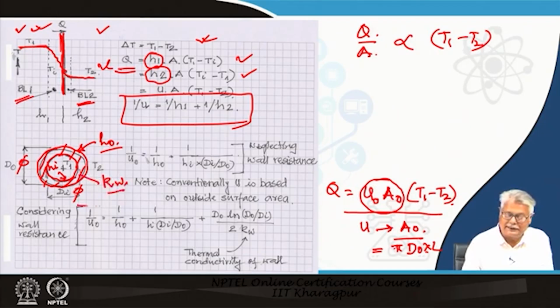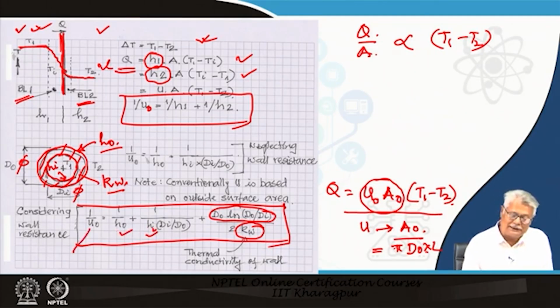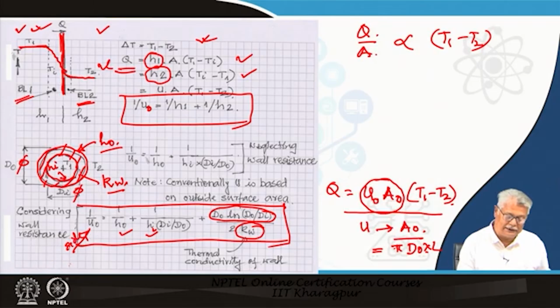In that case, this gets slightly modified and this is basically the term which relates Uo, which is same as U or Uo, whatever you may say, and it relates to the thickness of the tube in turn, which is defined by Do and Di, the thermal conductivity of the wall itself, the inside heat transfer coefficient Hi, the outside heat transfer coefficient Ho, and by convention it is based on outside area.